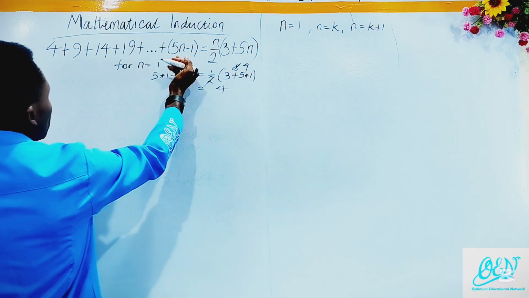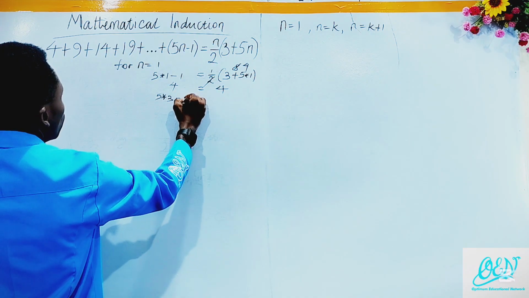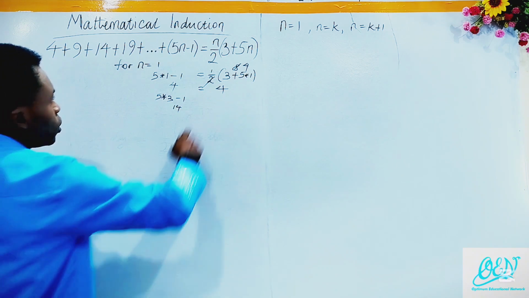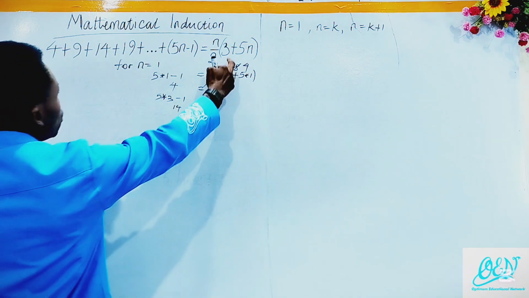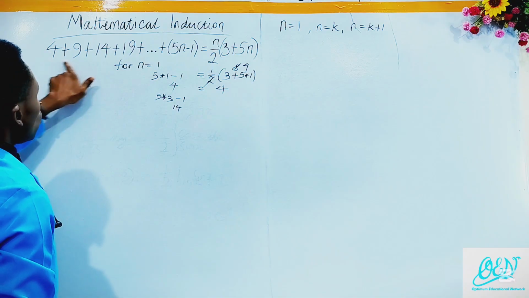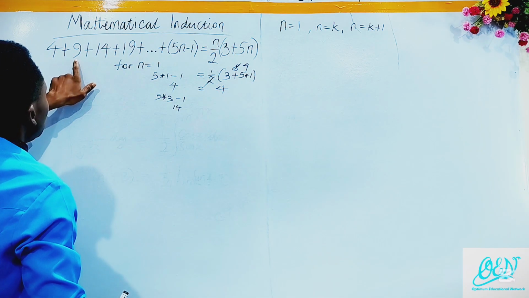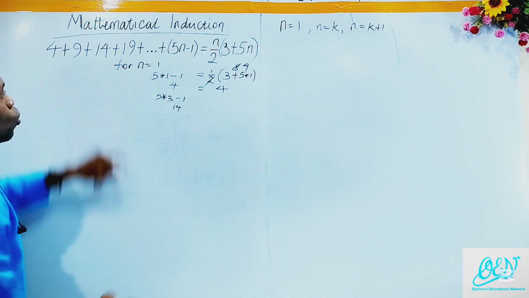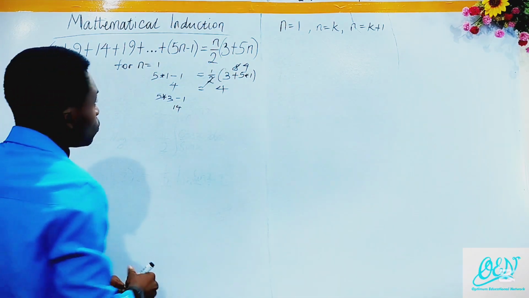So we do that. 5 times 3 minus 1, this is 15. 15 minus 1 is 14. Now, if you want to put n into this expression, you should be looking for the summation of this up to the position of n. That is 4 plus 9 is 13. 13 plus 14 is 27. So if you put n is equal to 3 into this expression, you should be expecting to get 27.